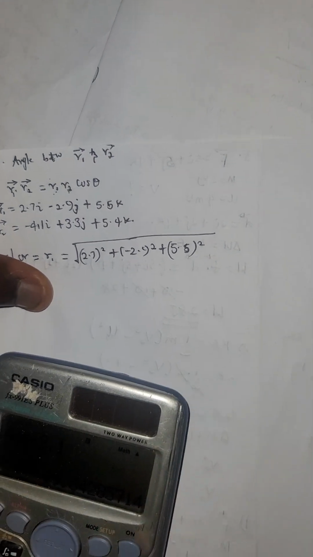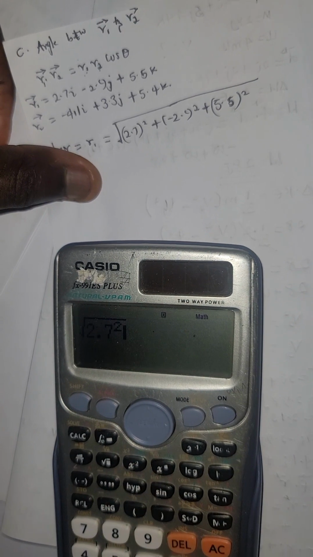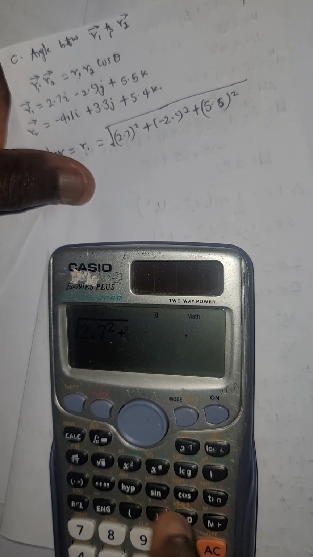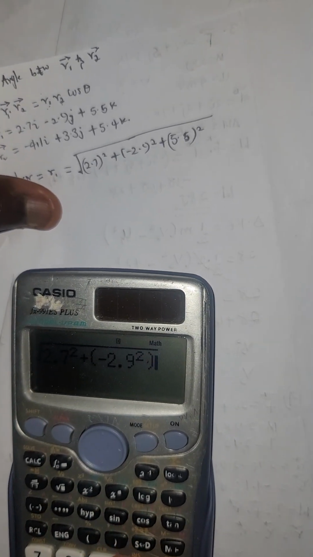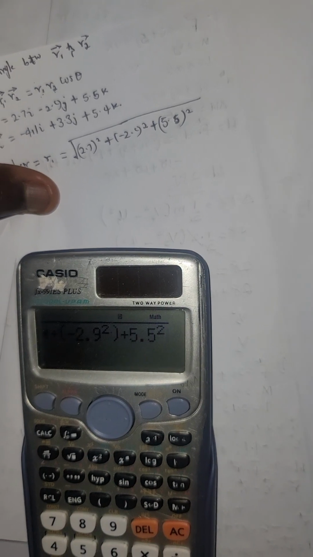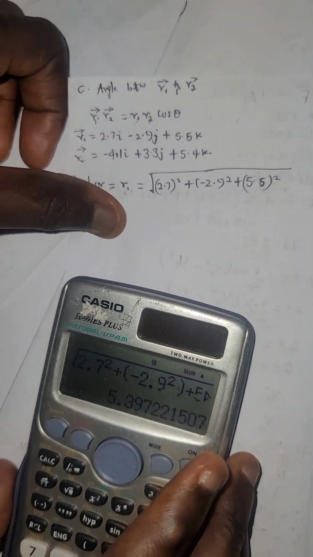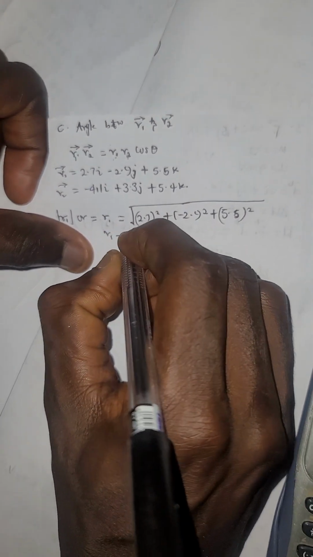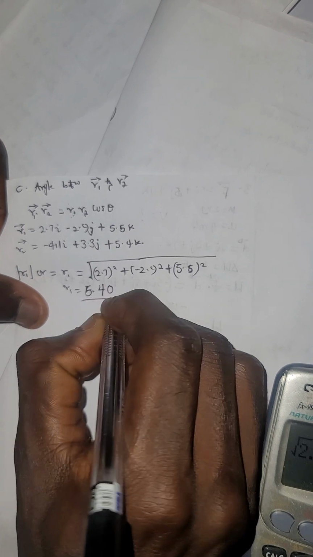When you calculate this, you have 2.7 all squared plus open bracket minus 2.9 all squared close bracket plus 5.5 all squared. So the final answer is 5.397, which is now 5.4. So R1 equals 5.40.